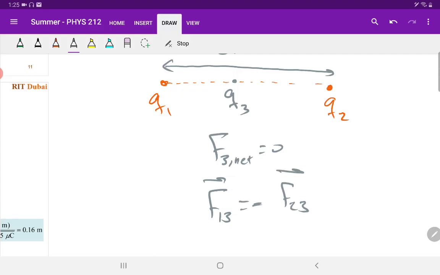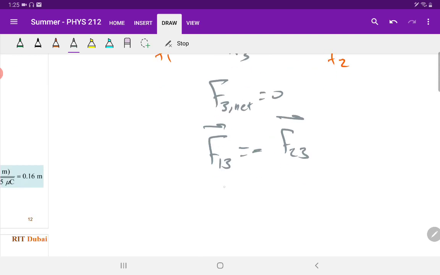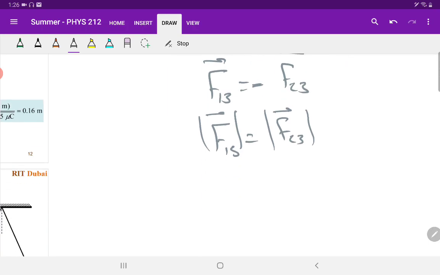And we already know that this should be somewhere in between. So as a magnitude, F13 should equal what? F23 as a magnitude. If I look at the magnitude, the minus sign will be dropped. So what is the force between Q1 and Q3?